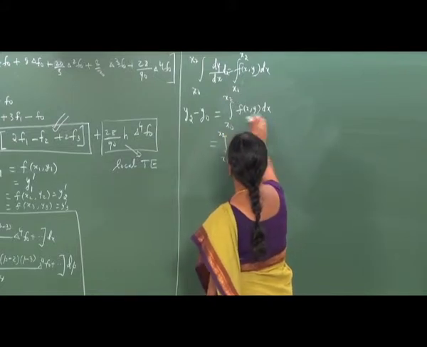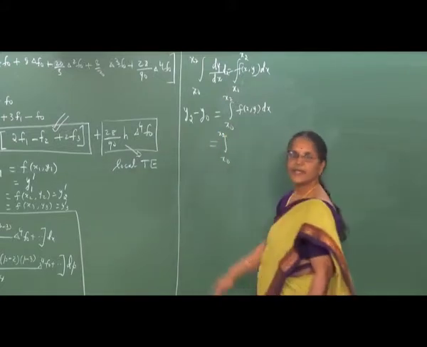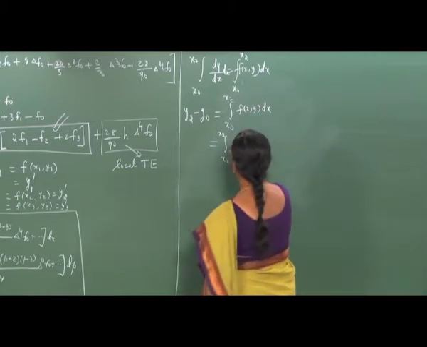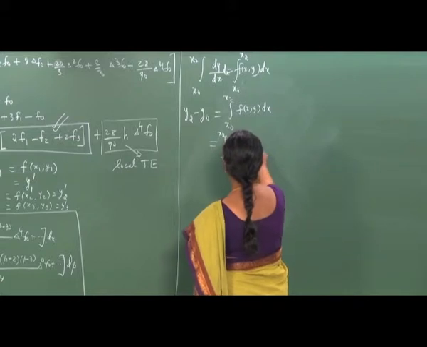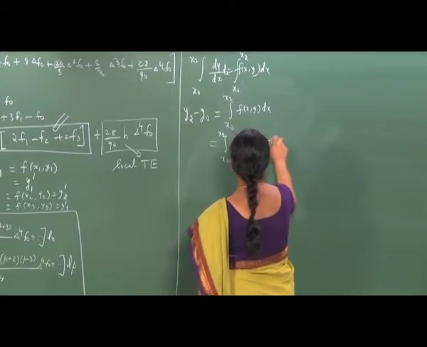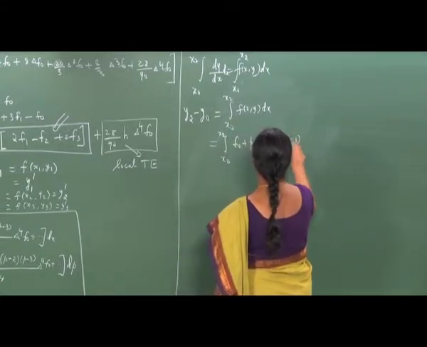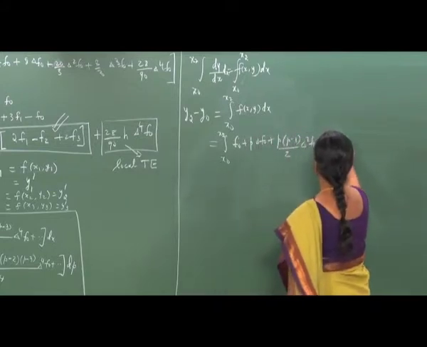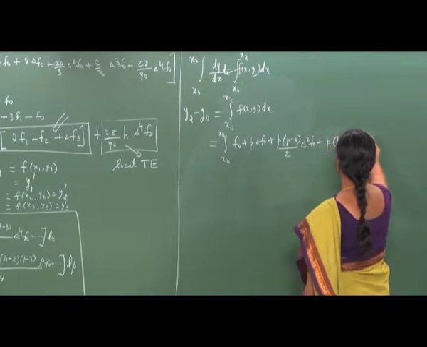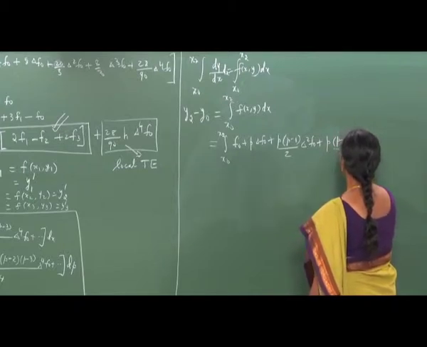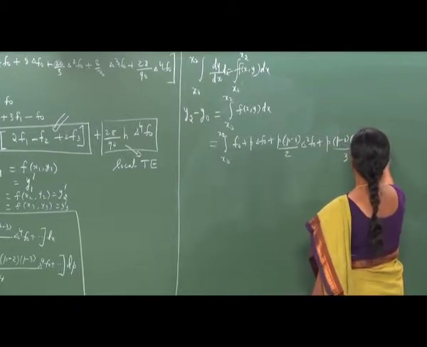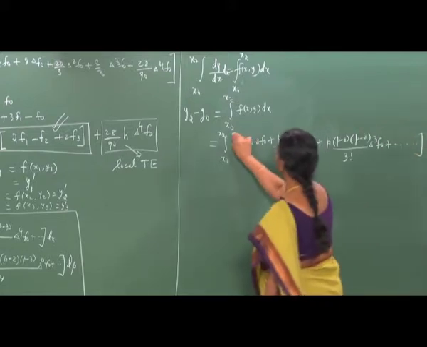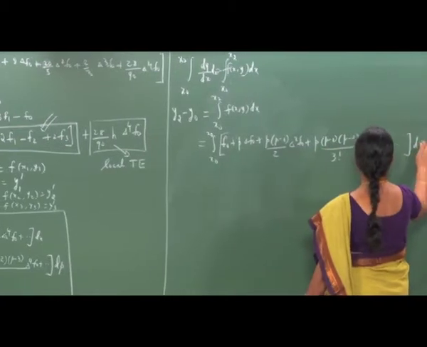So, you approximate f of x comma y by again Newton's forward interpolation polynomial, namely f0 plus p into delta f0 plus p into p minus 1 by factorial 2 into del square f0, plus p minus 1 into p minus 2 by factorial 3 into del cubed f0 plus etc., and integrate it with respect to x.